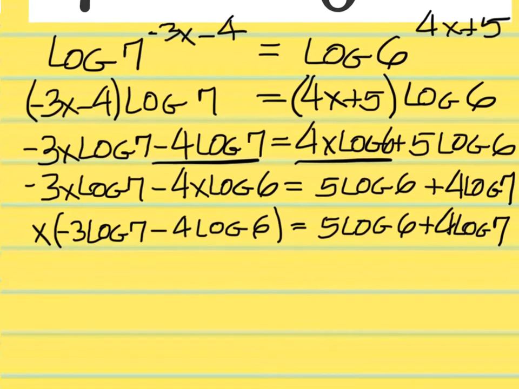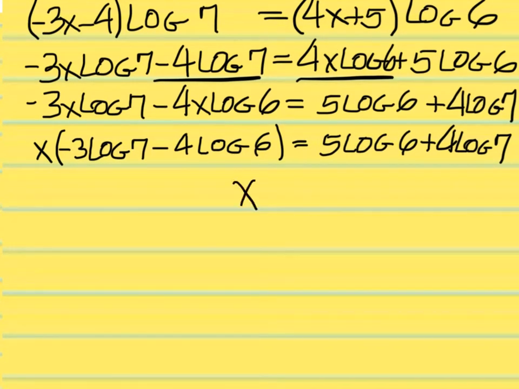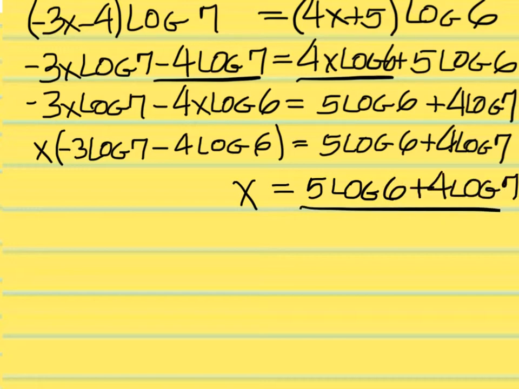Alright, so now we have to divide. We are dividing 5 log 6 plus 4 log 7 by negative 3 log 7 minus 4 log 6. Okay, in the calculator, let's see how this works out.